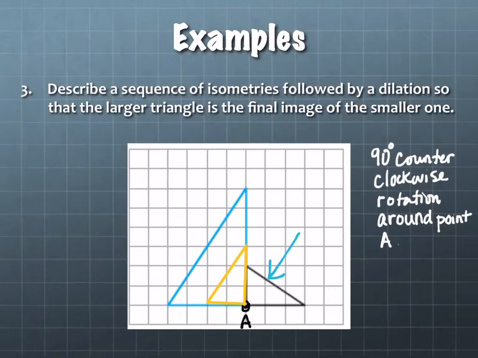Now what would we have to do? I don't think we need a translation. We could do a translation, I just don't think it's necessary. We can probably do something else that will take care of it with one more step. Dilation. We could do a dilation. Okay, so with a dilation, we have to have a scale factor and a center. What's the scale factor? We'll do the easy one first. That's usually the easier one.